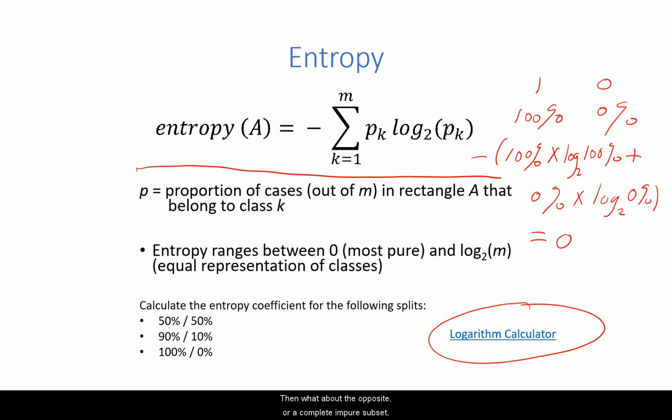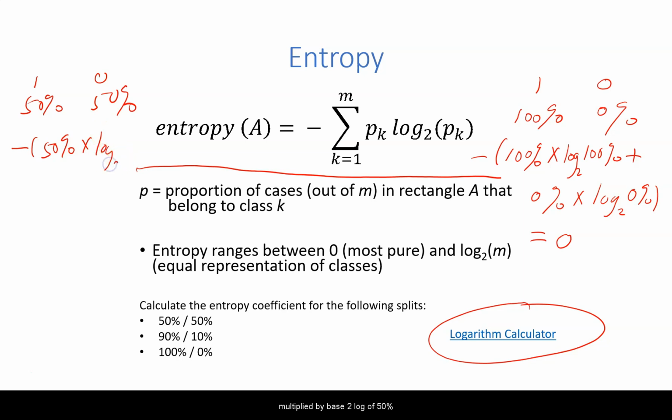Then what about the opposite, or completely impure subset, where half of the cases belong to one class, while the other half belong to the other class? So the proportion of the two cases will be 50% and 50% in this case. And the entropy value would be negative 50% multiplied by base 2 log of 50% plus 50% times the base 2 log of 50%.